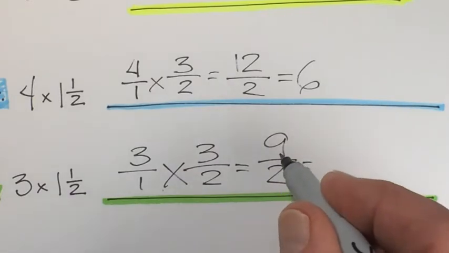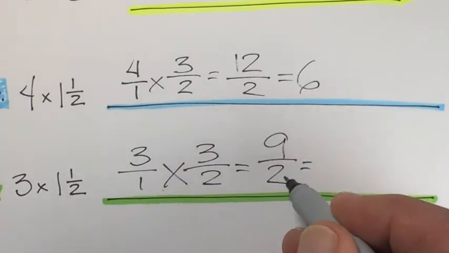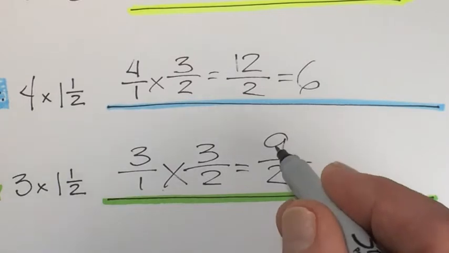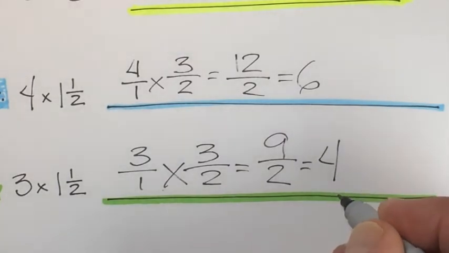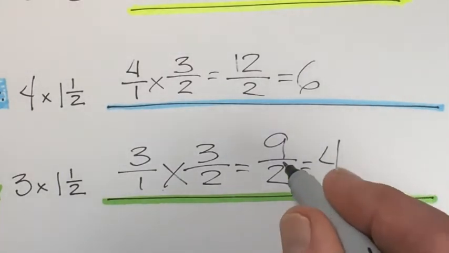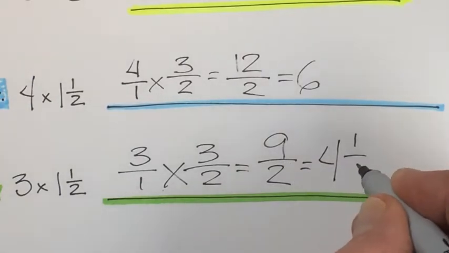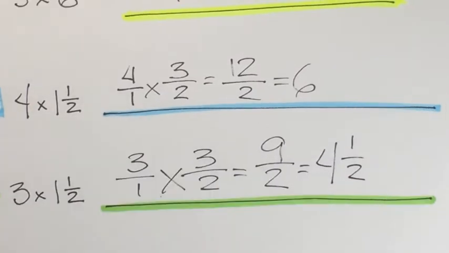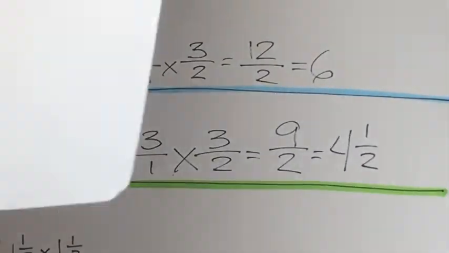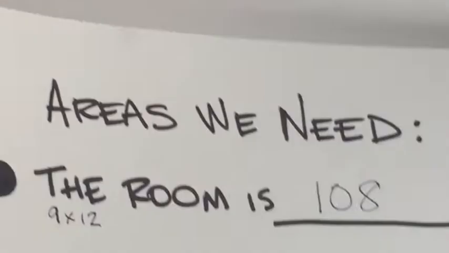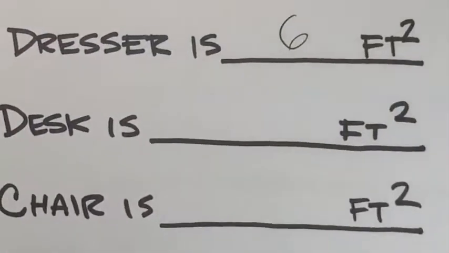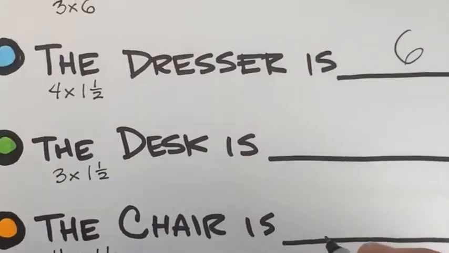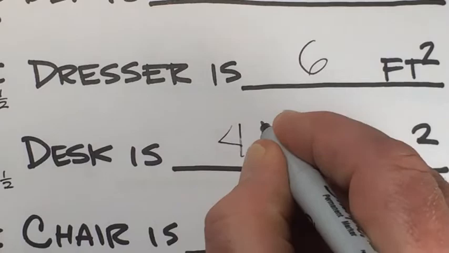I think 4 is going to work because 4 times 2 is 8. So 4, and I'm going to have 1 left over. It's going to be 1 half. So 9 halves is really 4 and a half whole numbers. So let's go ahead and make the desk 4.5.